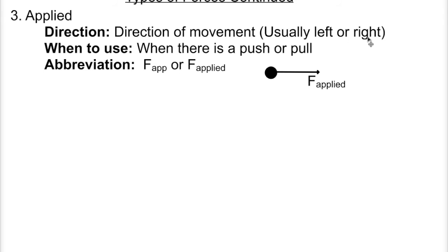Or if you're pulling something down, you would have it going down. So you use this whenever there is a push or a pull. And the way you can abbreviate that is F applied or F app. Okay, so again, you have your object, you draw the arrow that the force is applied to, and you label that arrow.